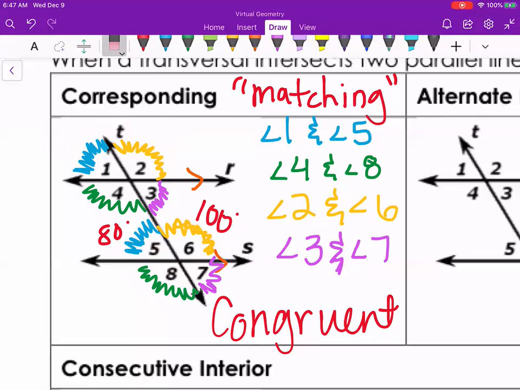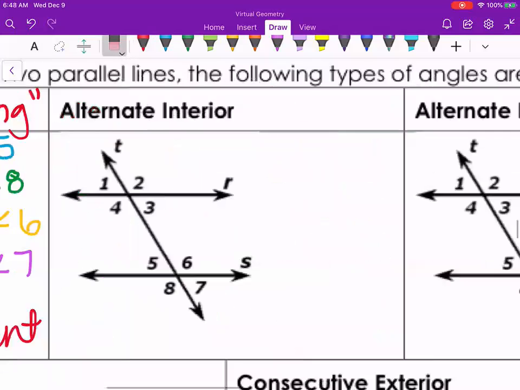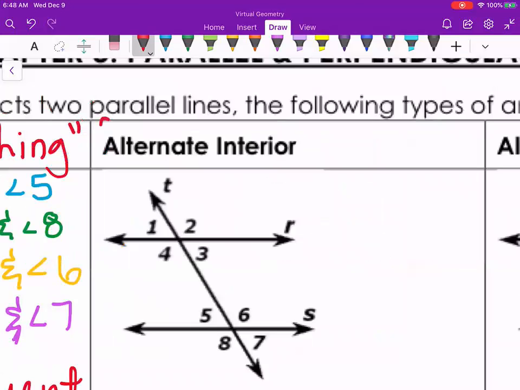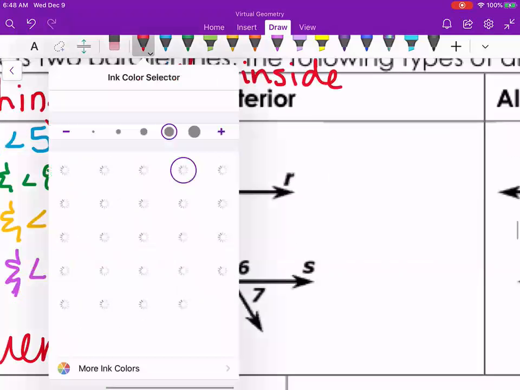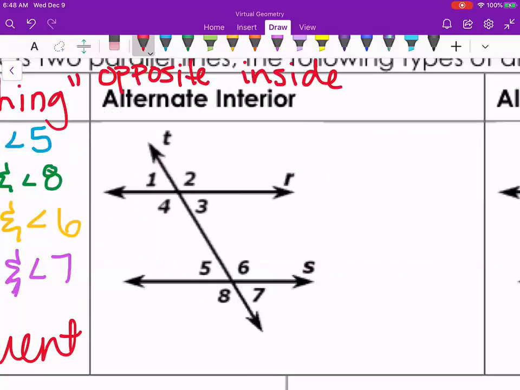All right, so let's take a look at our next angle pair that we have, which is the alternate interior. Now remember, alternate means opposite sides of the transversal. Interior for inside the parallel lines. So I'm going to make this a little bit bigger.